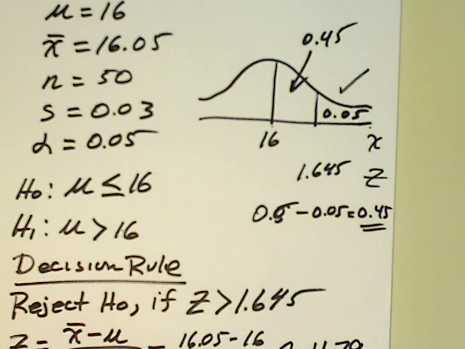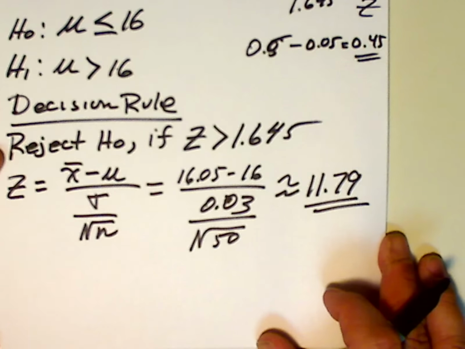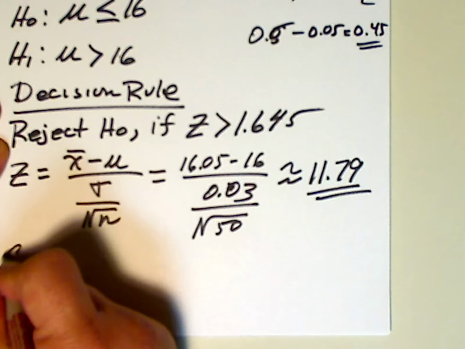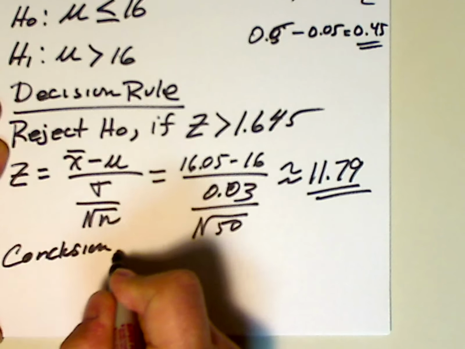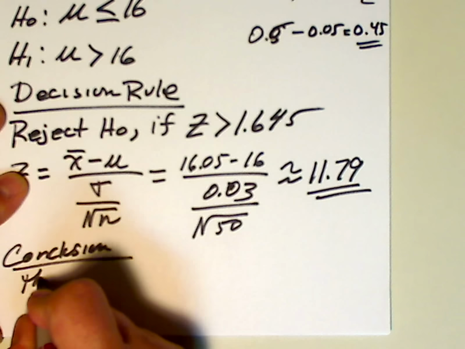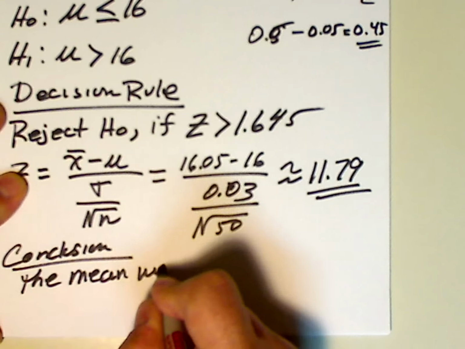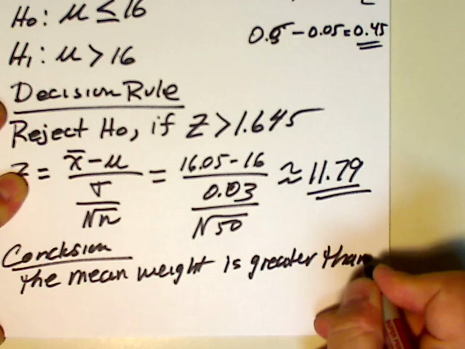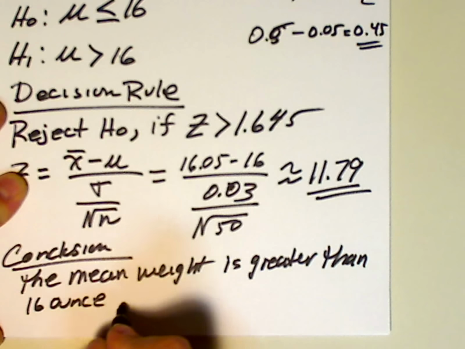So there is no question in this case that the production line needs to be shut down and the machinery is overfilling these cans of peaches. So our conclusion, and what we're going to write up in our conclusion, is that the mean weight is greater than 16 ounces.